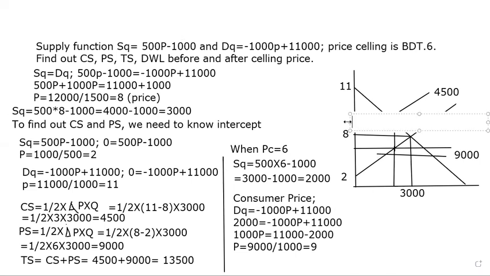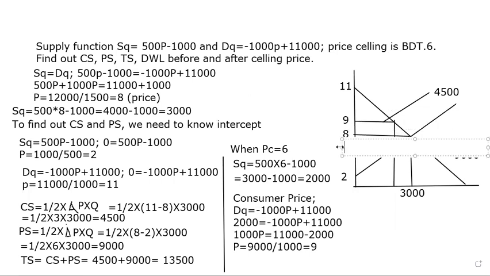So taka 9 should be put in here. Then 6 is your cost, and 2000 is your quantity. So right now you will have this area for excess demand.